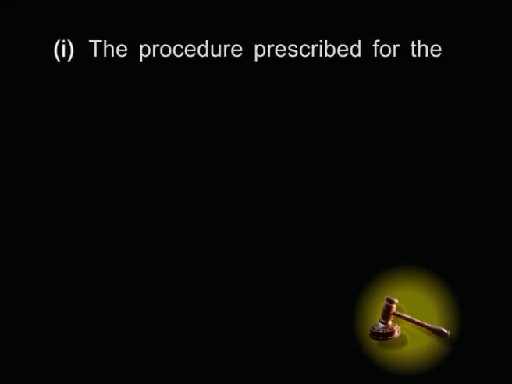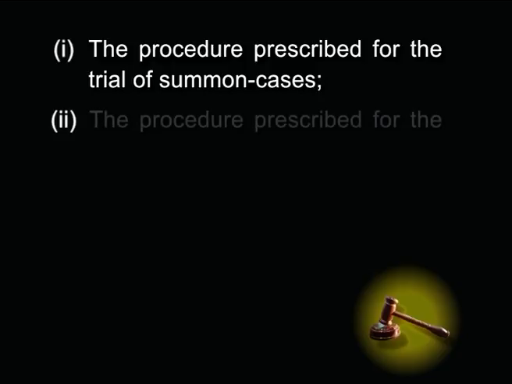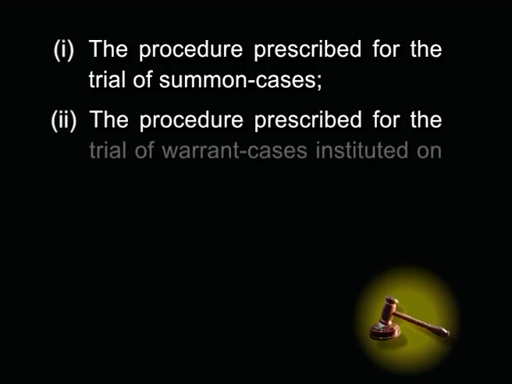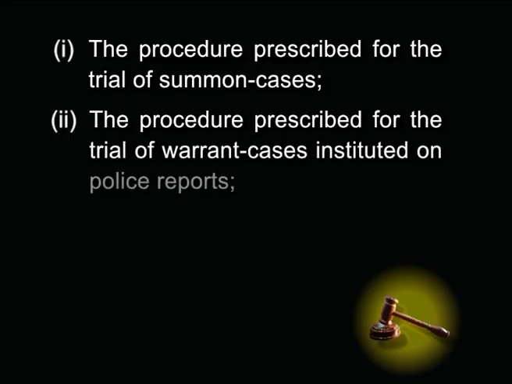The Code of Criminal Procedure recognizes 4 distinct methods of procedure in the trial of criminal cases by magistrates, which are: number 1, the procedure prescribed for the trial of summons cases. Number 2, the procedure prescribed for the trial of warrant cases instituted on police reports.